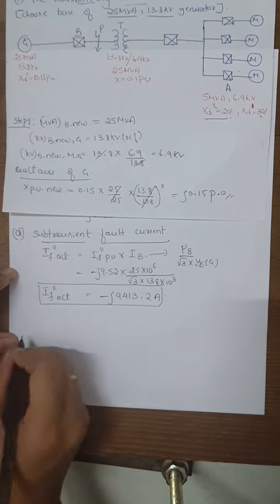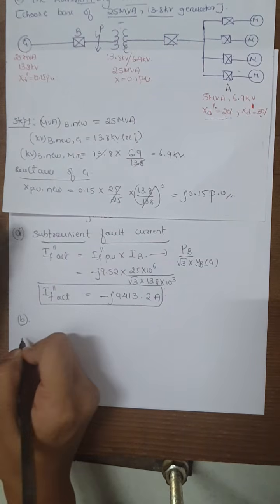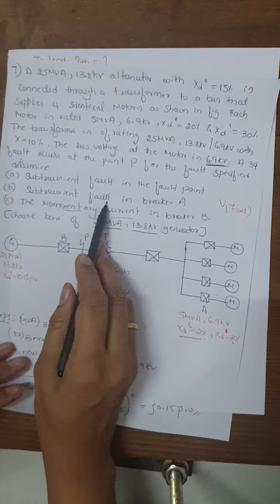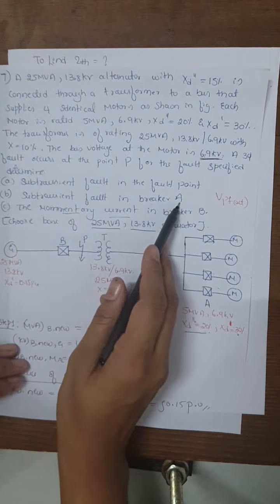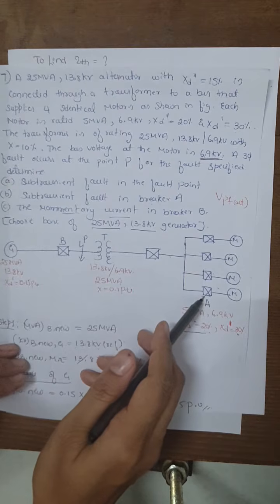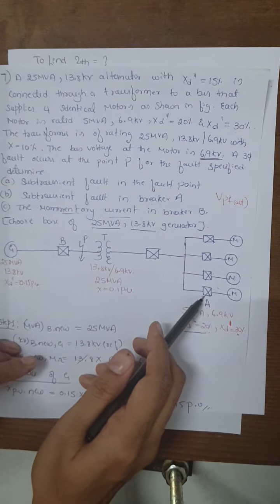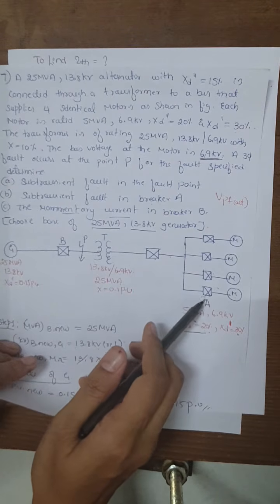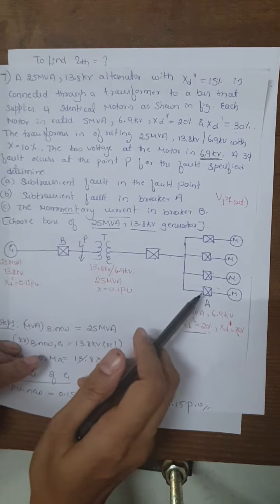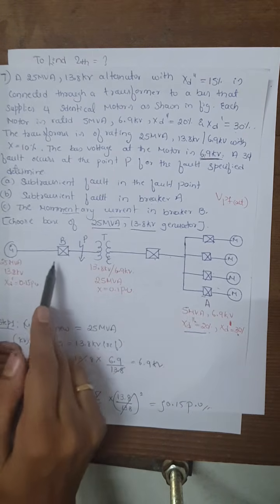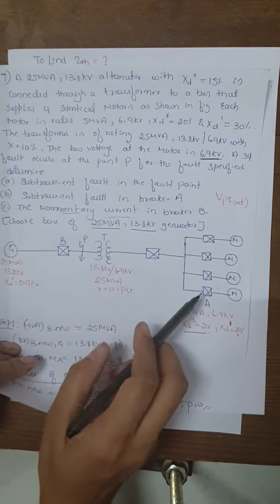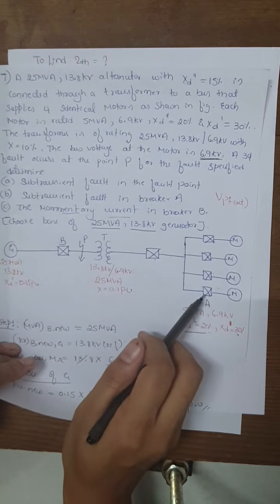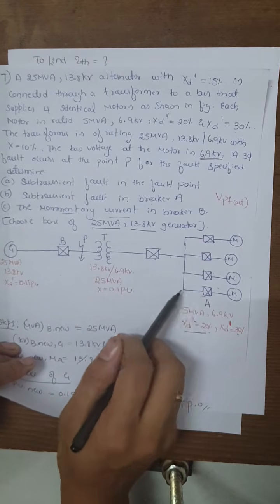Next, similarly, we proceed with the second calculation, that is the subtransient fault current at breaker A, at this breaker. I told you already, whenever the circuit breaker is operated, it is going to disconnect from the entire system, because a circuit breaker breaks its contact when it is operated.